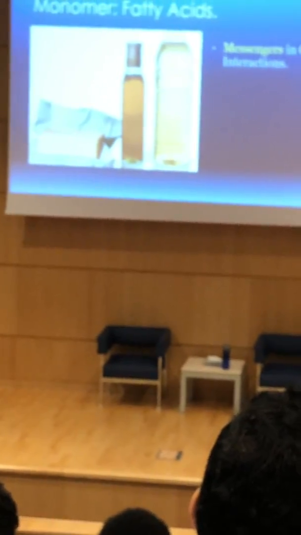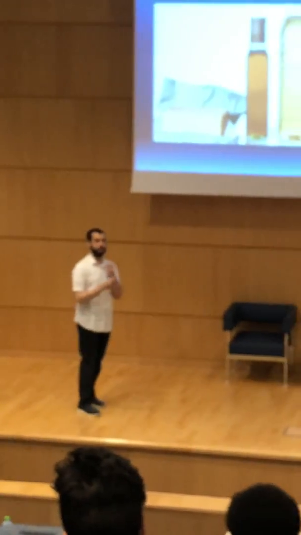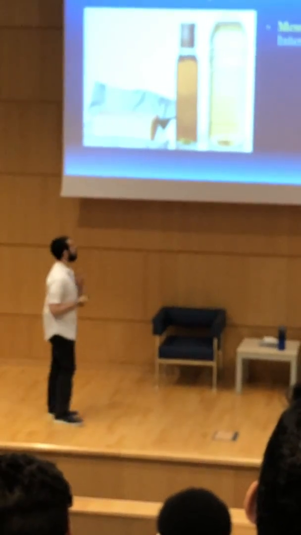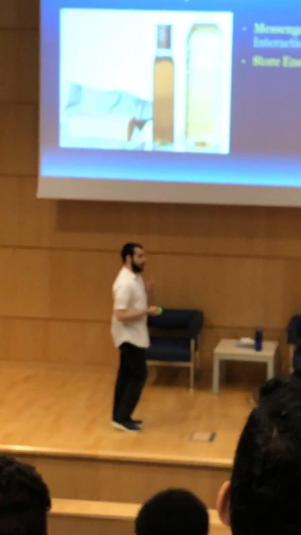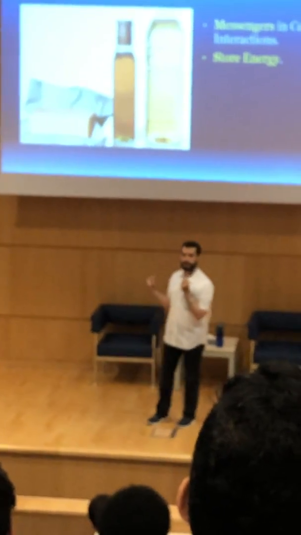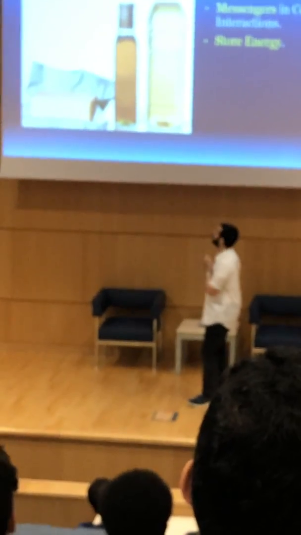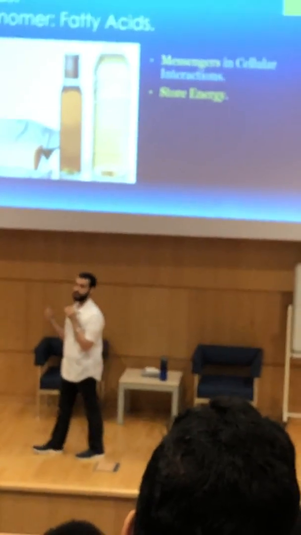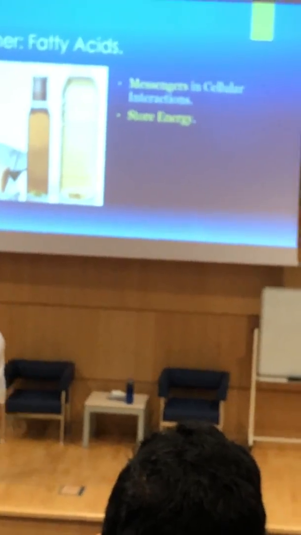First of all, messenger interactions, as I said, steroids. What are steroids? Testosterone, estrogen. Both of these are derivatives of cholesterol, actually. Store energy. Carbohydrates are a source of energy, and lipids are a storage of energy. You store energy inside them as adipose tissue, of course.